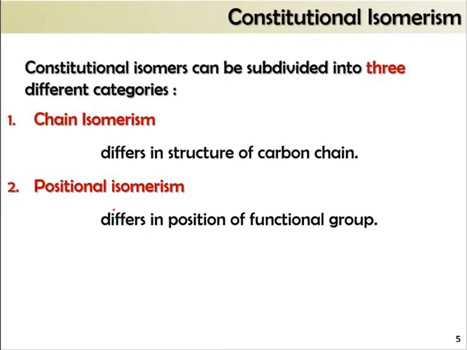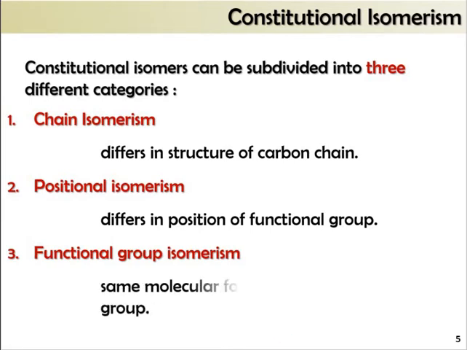Kita dah kenal functional group. And then for functional group isomer, same molecular formula but different functional group. Kita kena ingat ada 4 group yang berbeza, kita kena ingat dia punya pasangan, partner dia.